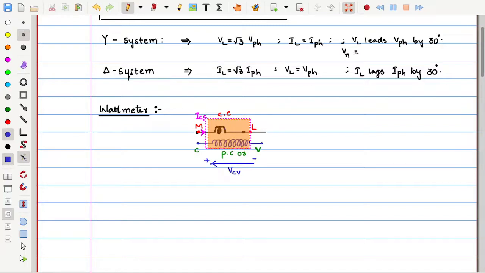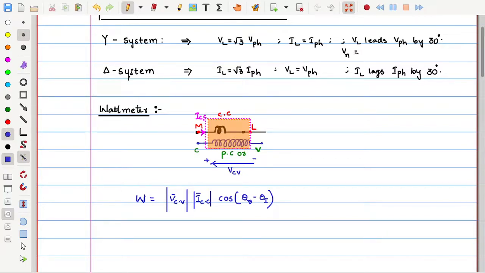If I know the current coil current and the voltage coil voltage, then we can write this wattmeter reading, represented with the letter W, which is equal to the voltage coil voltage magnitude, if you know the phasor form, into the current coil current magnitude, into cos of the angle theta V minus theta I. That is the angle of the voltage minus the angle of the current.